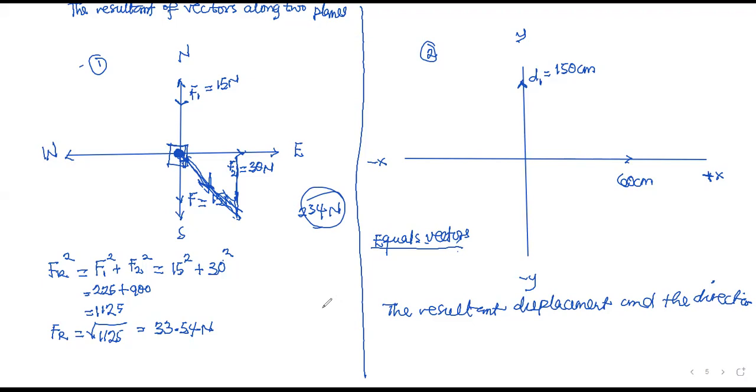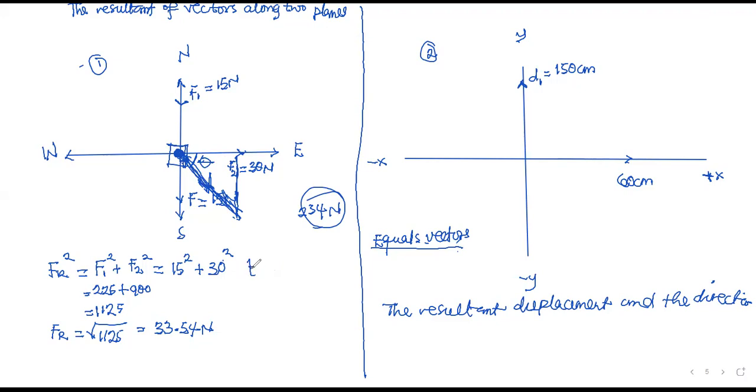What is the direction? This is the resultant. It's along the diagonal, along the fourth quadrant. So this angle must be known first.